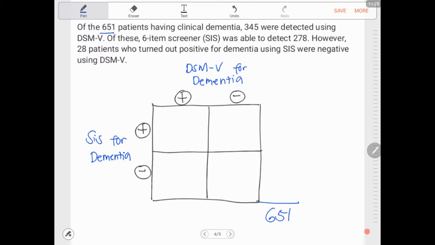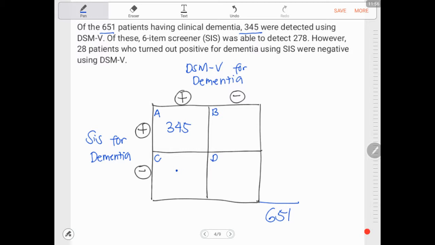Okay? Sa 651 na yan, 345 were detected using DSM-5. So, where shall we put it? Dito sa A box, B box, C, or sa D? You might be answering na dito siguro, Doc. But, unfortunately, hindi. Kasi, yung 345 na yan were detected using the DSM-5.